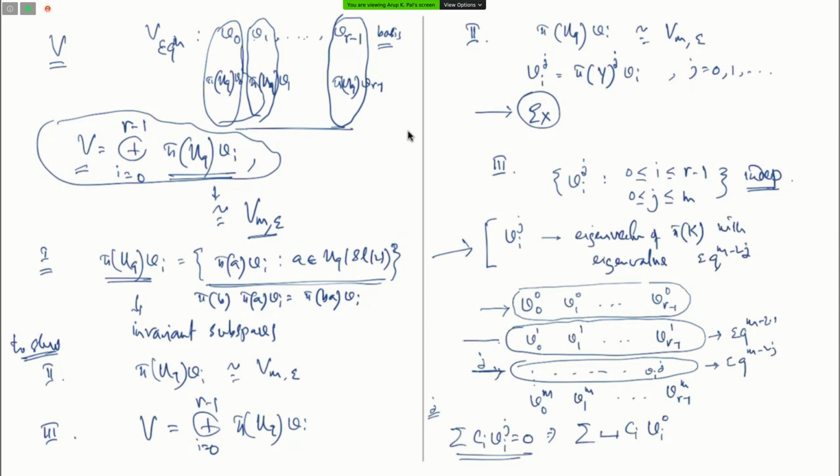Finally, from the independence of these Vi zeros, that's how you chose your V zeros on the left side, these coefficients are all going to be 0. So Ci is zero. That is how the proof of independence goes. Now that they span the entire thing will come from dimension calculation.